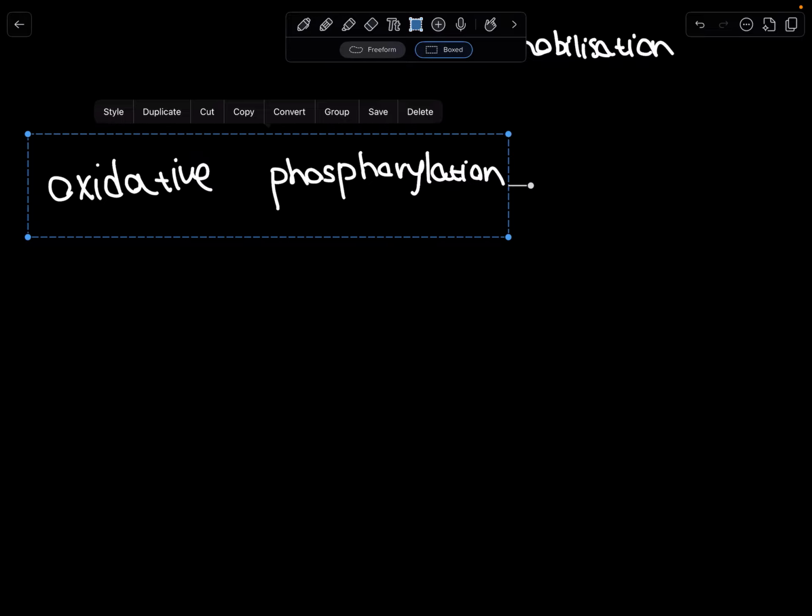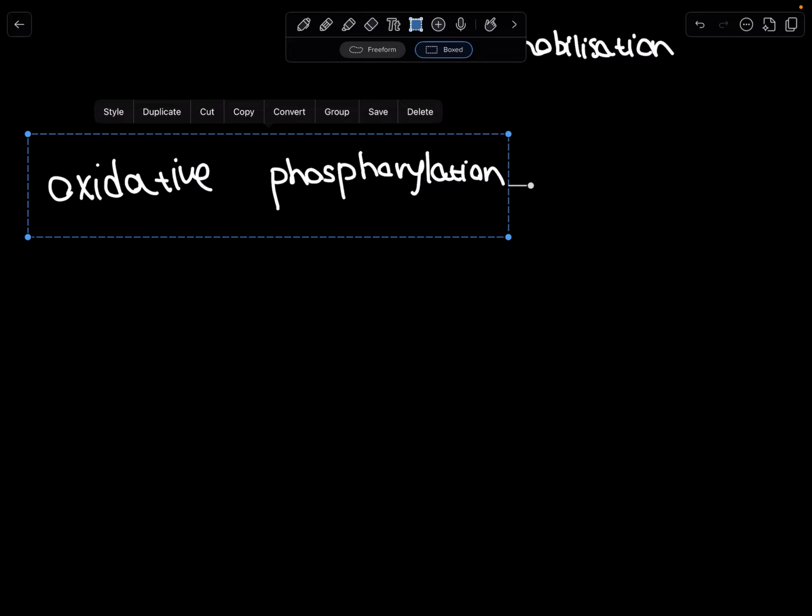So we have glucose, and then we have, what is it? Hexokinase turning it into G6P, glucose 6-phosphate. Then isomerase turning it into fructose 6-phosphate. Then you have PFK1 turning it into fructose 1,6-bisphosphate.